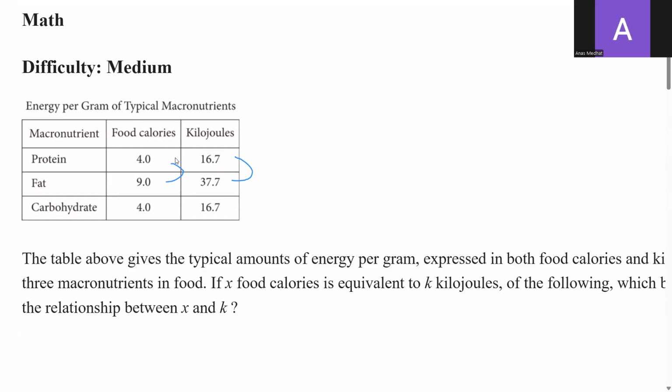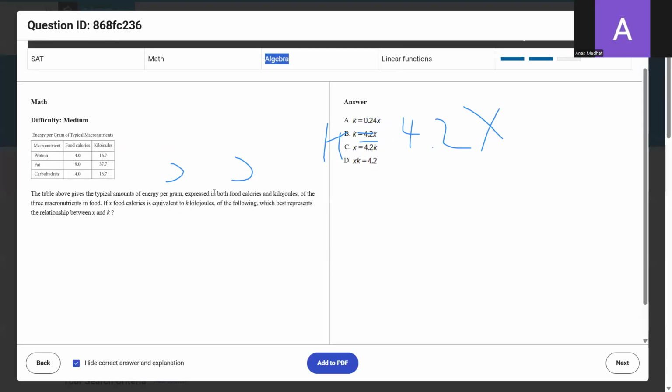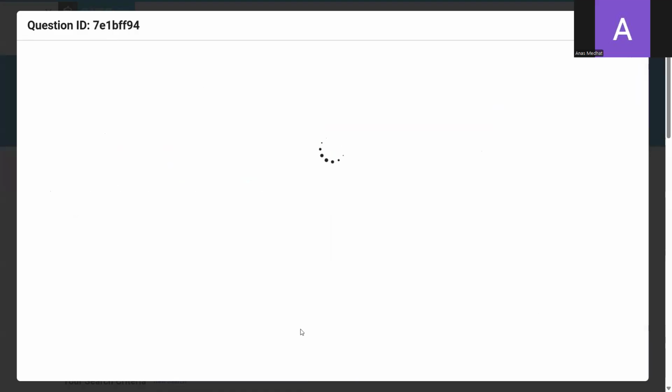So this is the kilojoules equals 4.2 x calories. This is a linear equation. We just found the rate, the slope, and we put it in the equation.